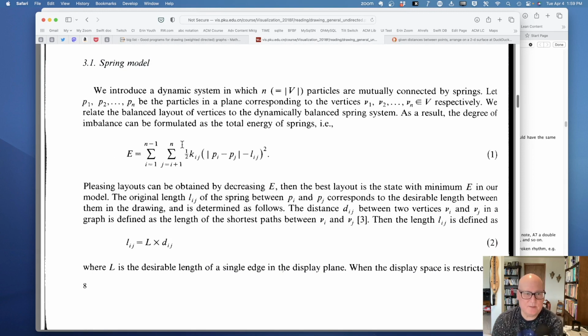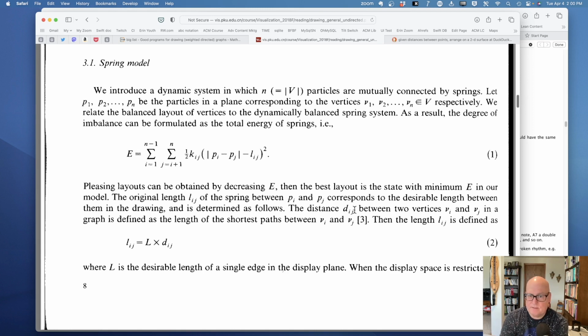Okay, we'll go through their discussion a little bit. It's kind of similar. P is particles in a plane corresponding to the vertices. So the P is the dots we're going to draw for each one. And again, we're taking a distance. Now I'm not quite sure if this is really the absolute value of their difference minus the desired difference, Lij, the original length of the spring.